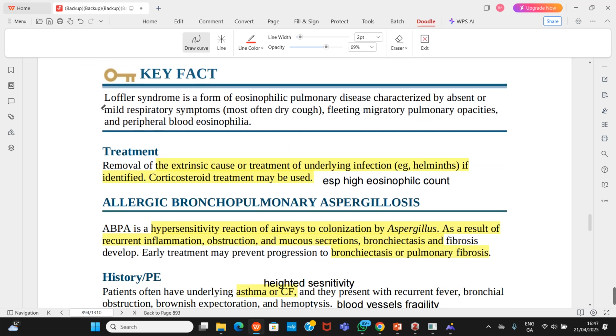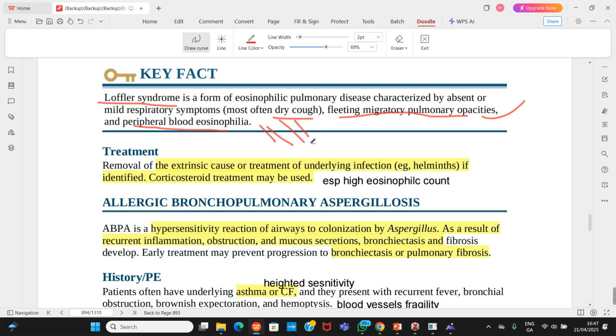I think the one we have is the Loeffler syndrome, which I explained. So this guy will have cough, they can have chest pain, they can have fleeting migratory pulmonary opacity because the worms are moving. And of course, there's going to be peripheral blood eosinophilia. They could also be having diarrhea, or it could be intestinal obstruction, because ascariasis can cause anything.